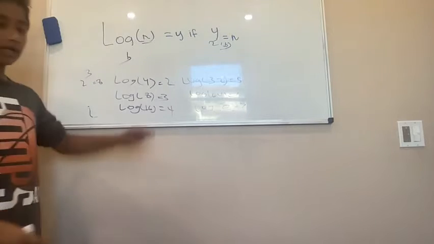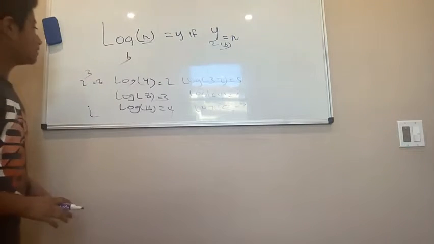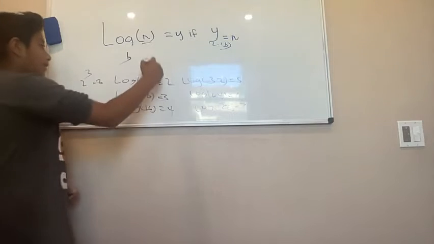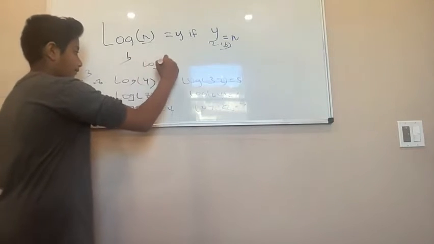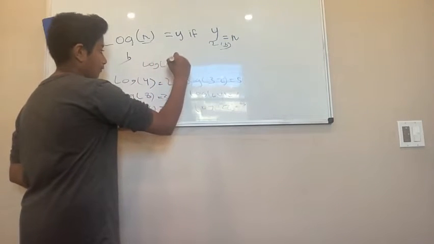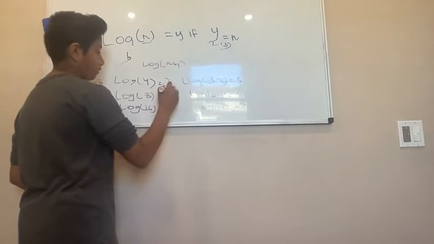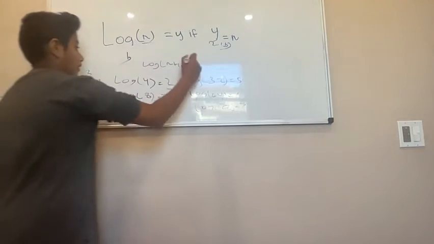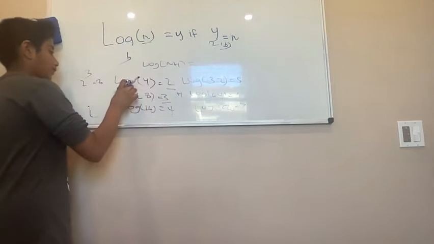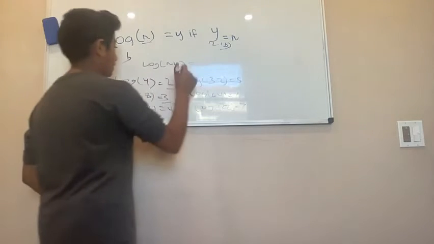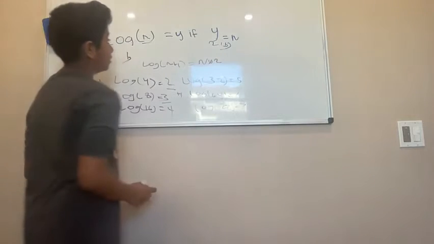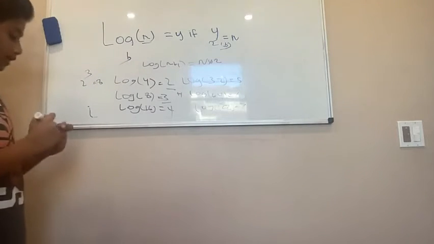Okay, now you can start to see a pattern in here. As the log increases by 1, the n is actually multiplied by 2, right?